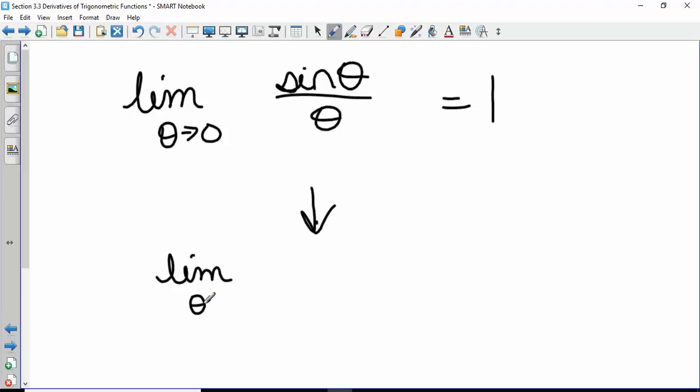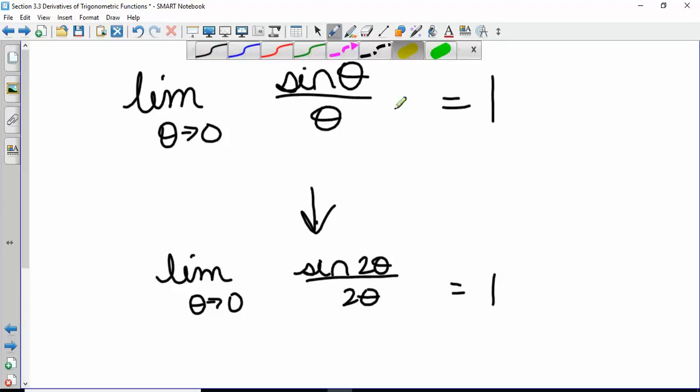If I said the limit as theta approaches 0 of sine 2 theta over 2 theta, that would also equal 1, as long as your argument and your denominator are the same, and they're both going to 0. So 2 times 0 is turning into 0, right?